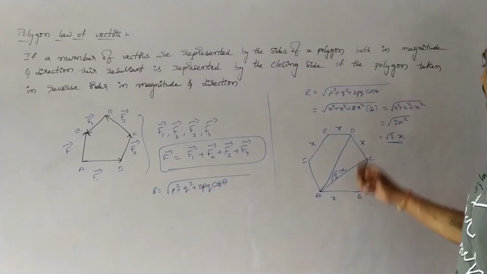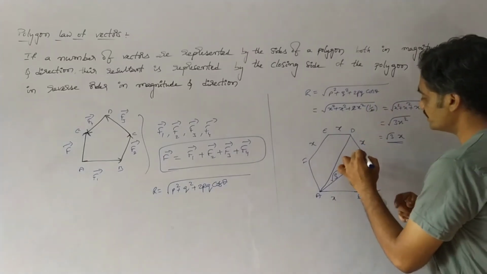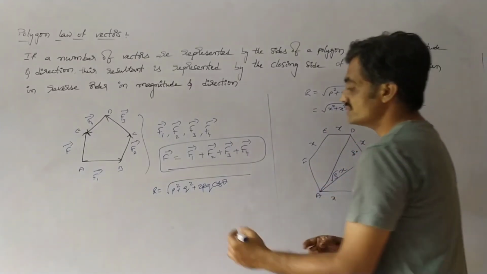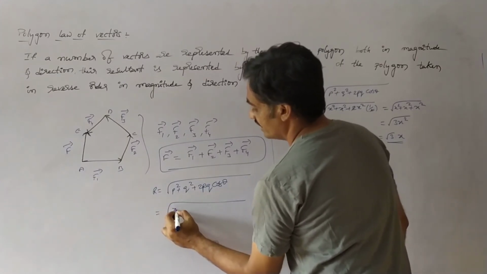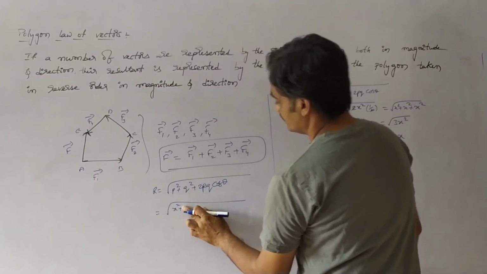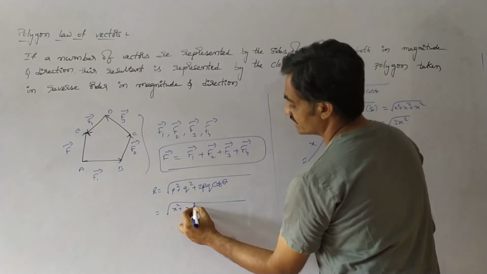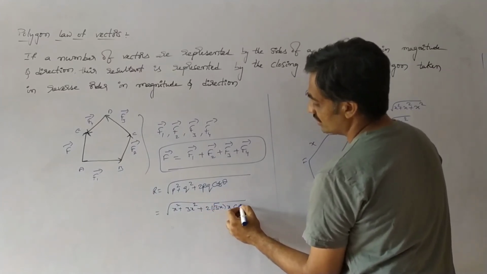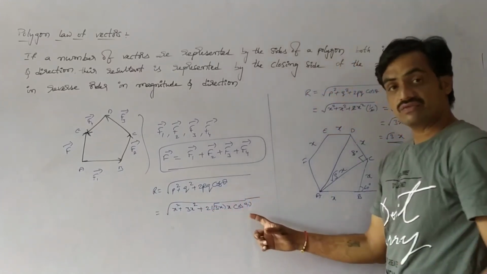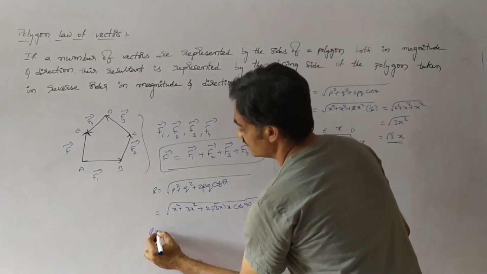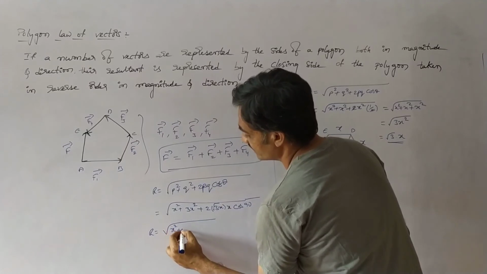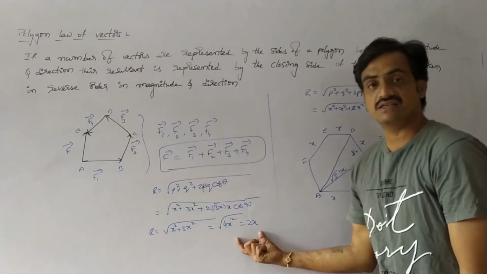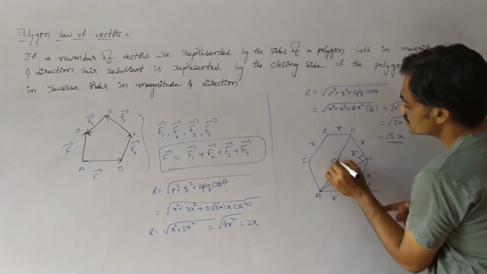Observe that the angle between the two vectors here is 90 degrees. So we can write it as under root of x square plus root 3 x whole square, which is 3x square, plus 2 into root 3 x into x into cos 90, and we know that cos 90 is 0. So the resultant is under root of x square plus 3x square, which is root of 4x square. We can represent it as 2x. So here we got 2x.